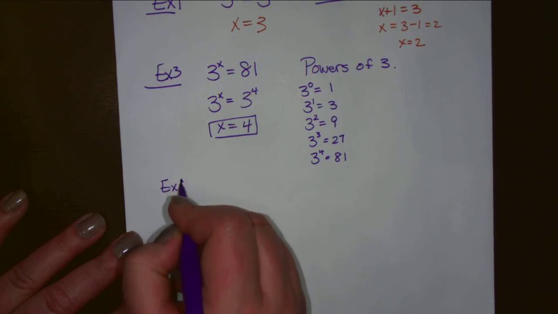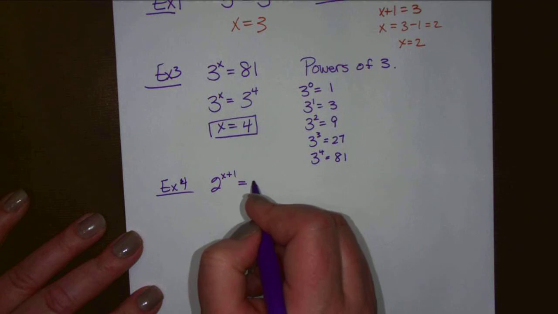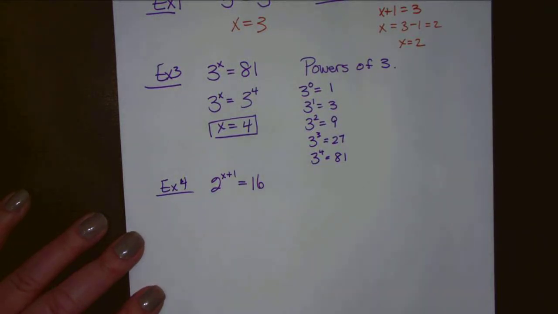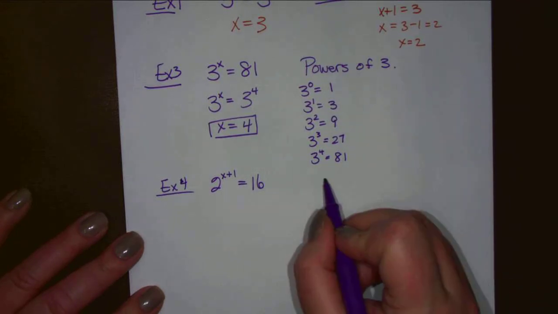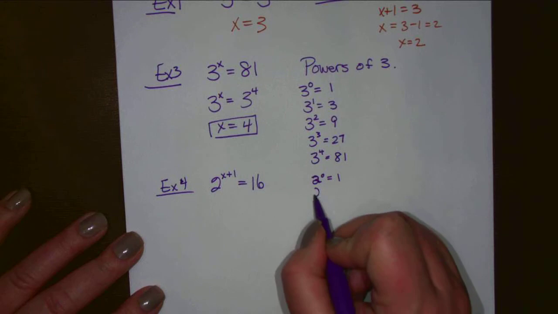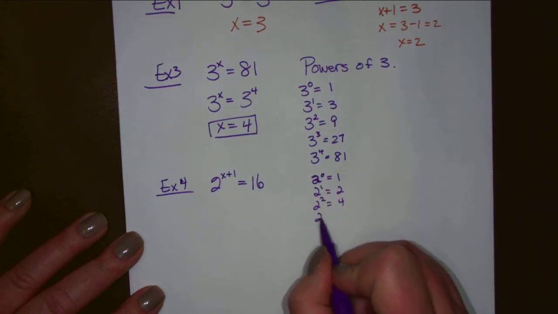So what if we did powers of 2? So 2 to the x plus 1 equals 16. So let's write the powers of 2. So 2 to the 0, 2 to the 1, 2 squared, 2 cubed.